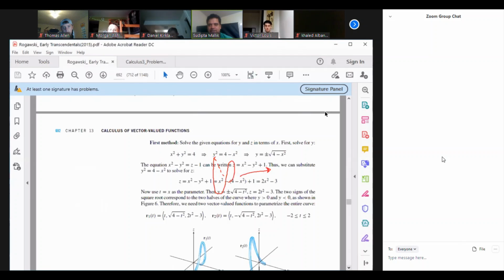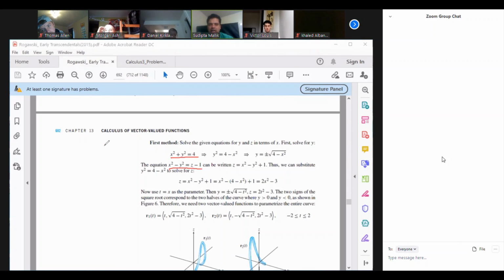One is to solve for one variable. Intersection of two surfaces means it satisfies this equation and also this equation. So you want to write a function that satisfies both of them.